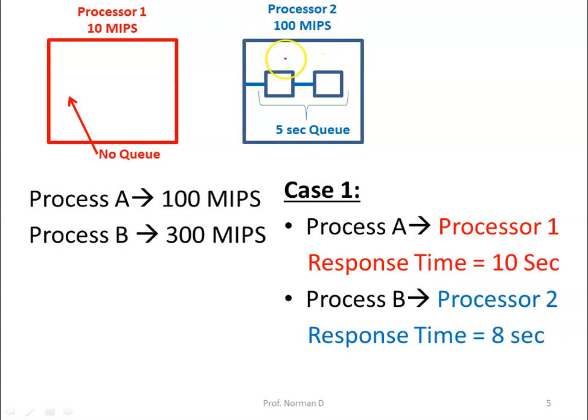But processor 2 has a waiting list of backlogged processes, which will take 5 seconds to finish off, and this will be considered as the wait time. Now we have process A, which has 100 million instructions, and process B, which has 300 million instructions.